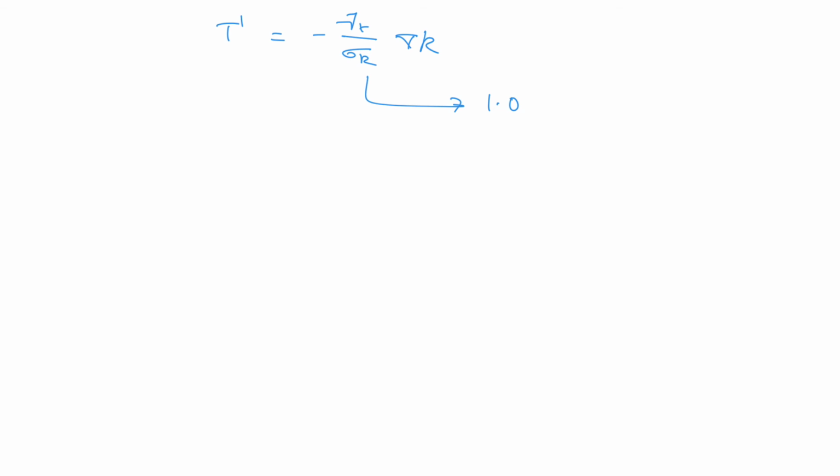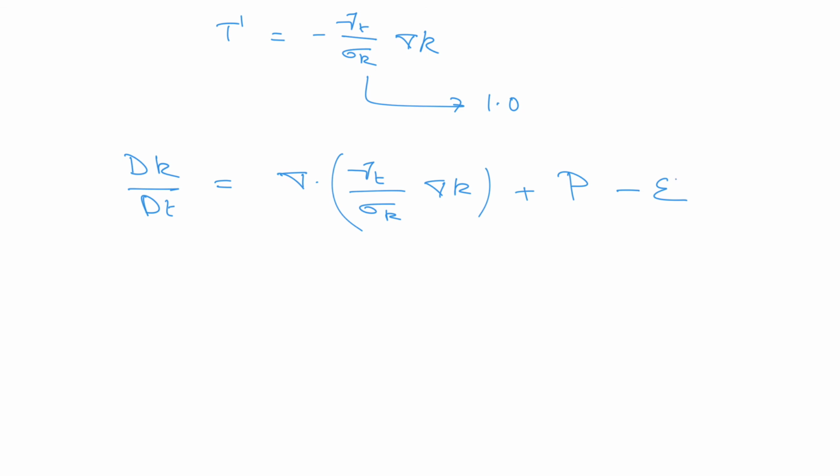Now considering this t dash, epsilon and other terms, we will substitute this in the original model equation for k. We will arrive at dk by dt equals del dot nu t divided by sigma k del k plus production minus epsilon.